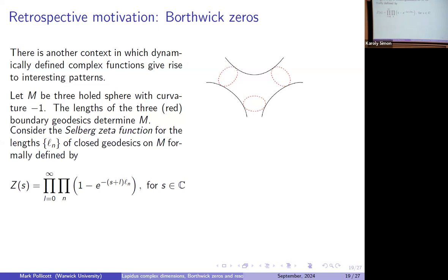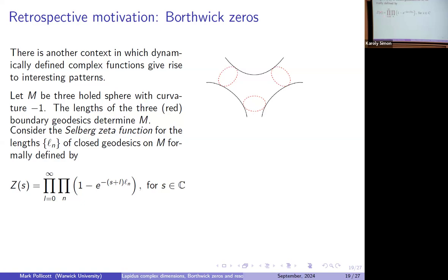And for this guy, you can also associate a Selberg zeta function. And the way that's defined is the following. For this particular surface, there will be infinitely many closed geodesics winding around like rubber bands around the surface.